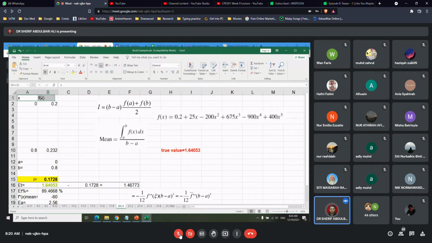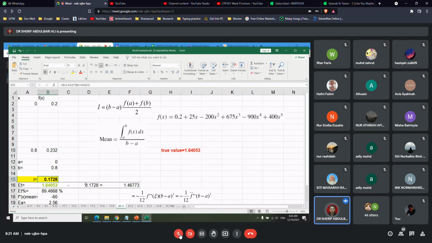As I told you, you are going to have a table. That table has the values, so you only apply the equation. It's b minus a, 0.8 minus 0, times the function of a, which is 0.2, plus the function of b, 0.232, over 2. You are supposed to get the integral equal to 0.1728. Okay, so now you get the value, but now you need to check the error.